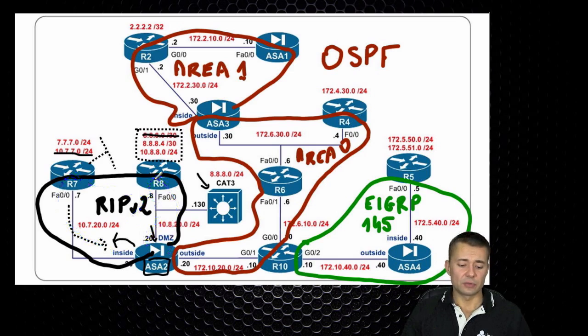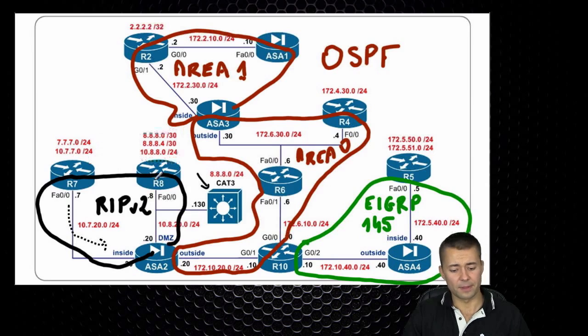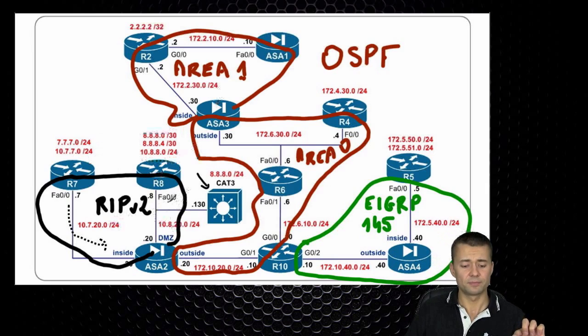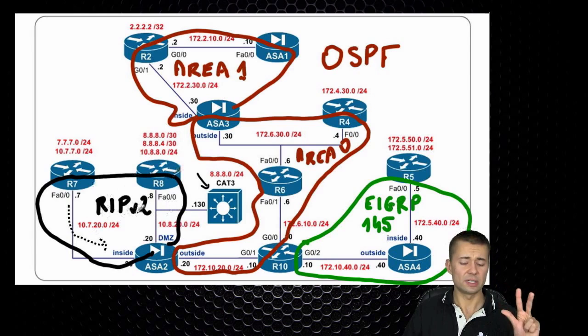But instead of dividing this RIP domain into 2 individual domains, I will show you this in action by redistributing from RIP into OSPF. Because at this point, and one thing that I didn't show you in the beginning of this session, is that since we are running 3 different protocols in this network, we only have reachability within the individual routing protocol domains.